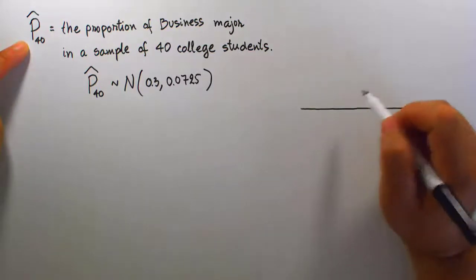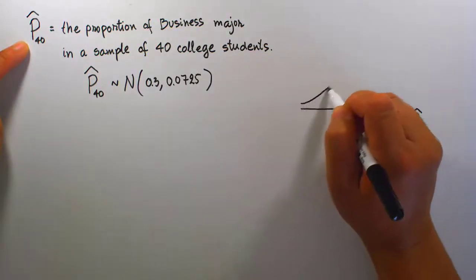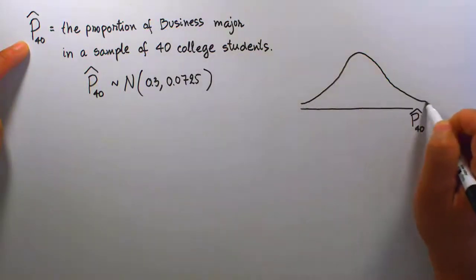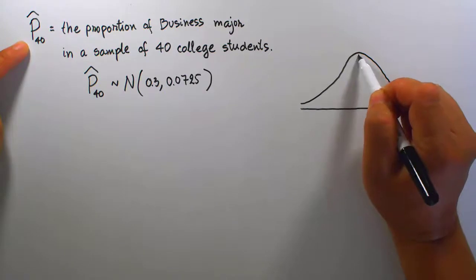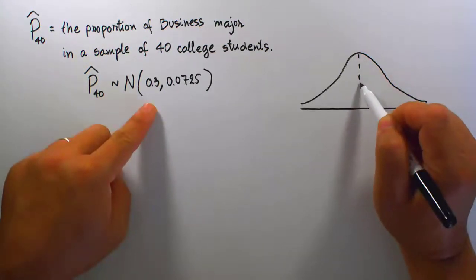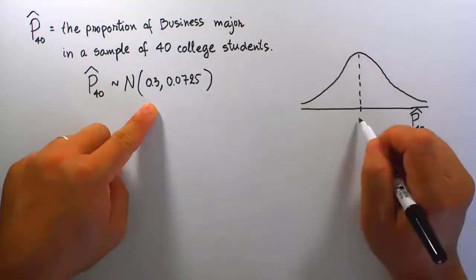On that horizontal line there is our distribution, a bell curve, and the center of this bell curve is known to be at 0.3.